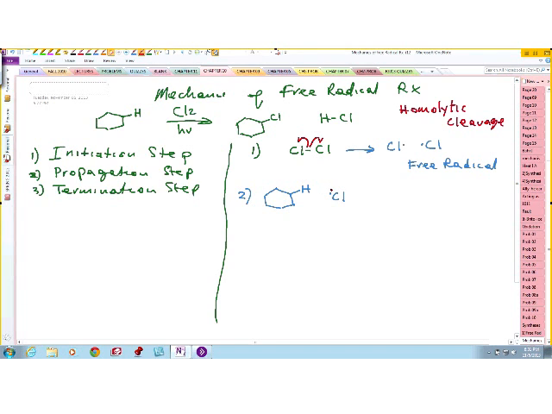This free radical here will now abstract or pull away this hydrogen. In the process, this carbon-hydrogen bond will also cleave homolytically. In other words, one electron goes to form the new bond, and the other electron stays with this carbon here.